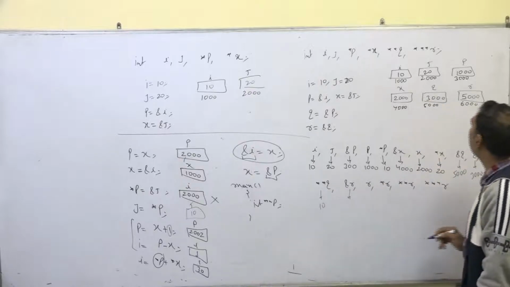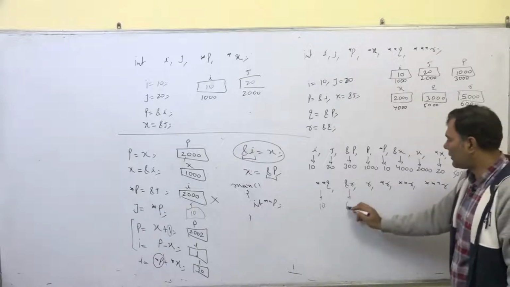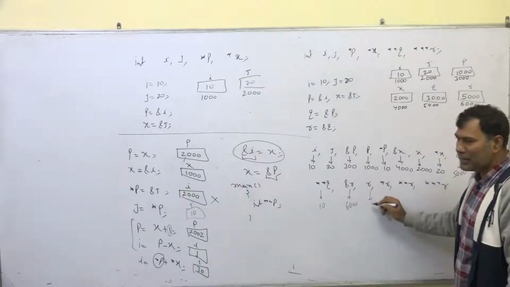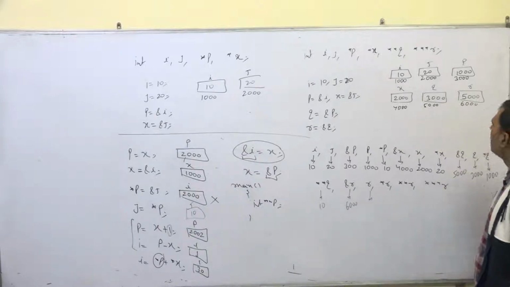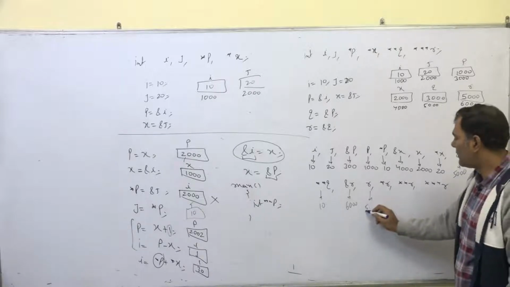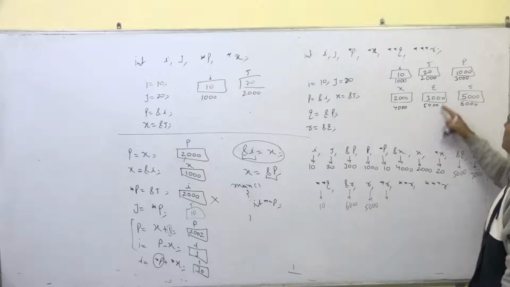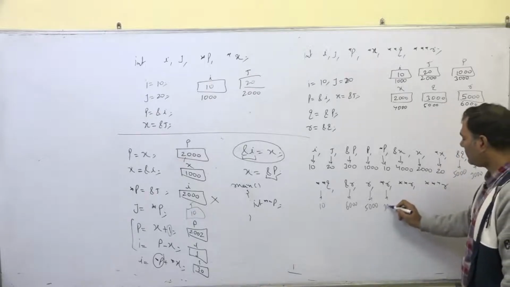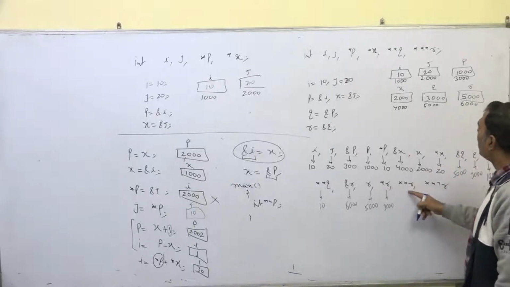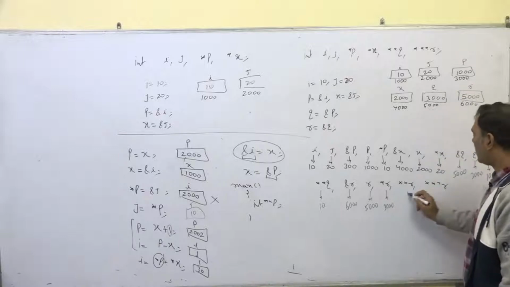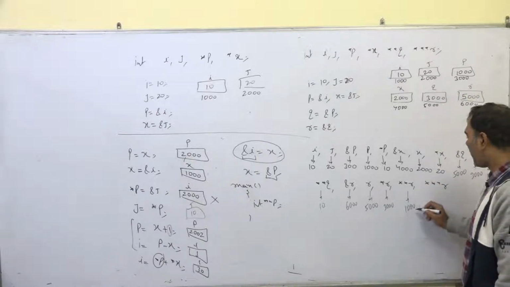R means address of R, 6000. R means 5000. Pointer R means value at 5000. Again, pointer means value at 3000 is what? 1000. Do you see how it works?